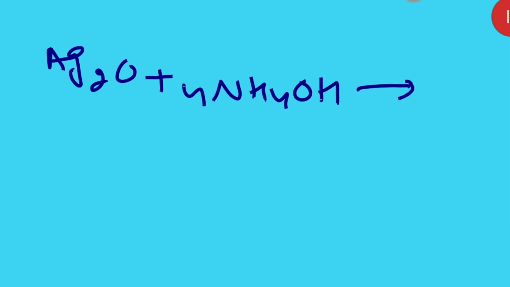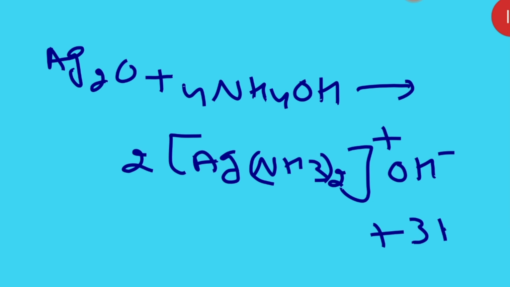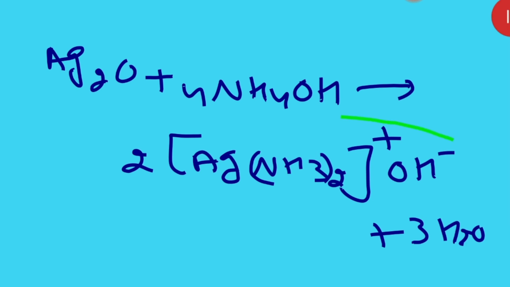Then we get [Ag(NH3)2]+ OH- plus 3H2O. So this is the formula of Tollens reagent: [Ag(NH3)2]+ OH-.